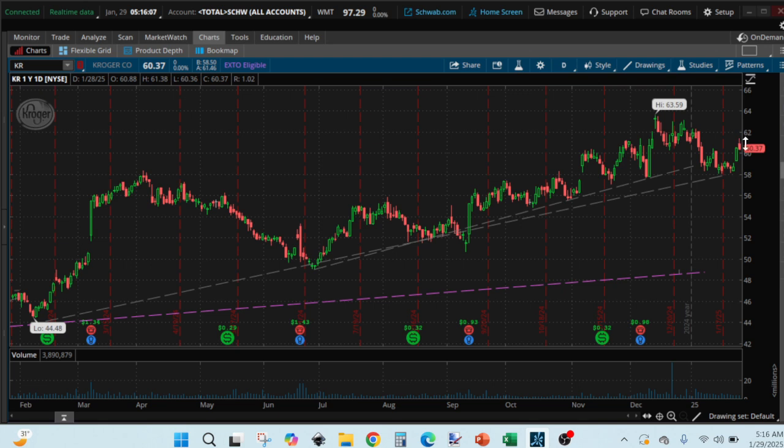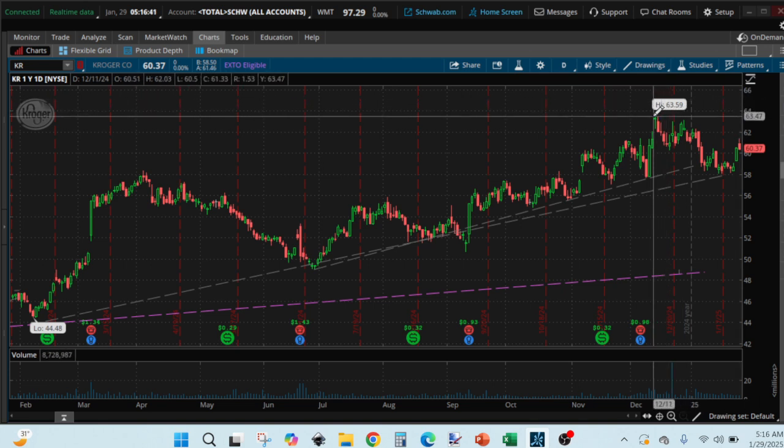So if today, Wednesday, is a green bar, this could be an entry point, catching it at the trend line, at the support line here. But again, buying it somewhere around this area is so close to the high here that it won't take too long. It will reach a new high.